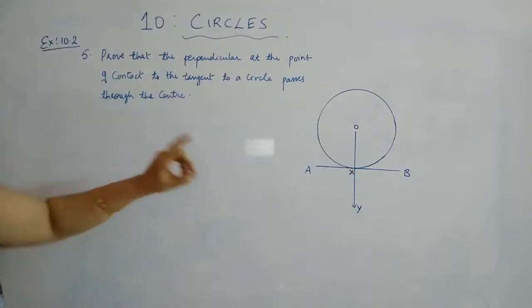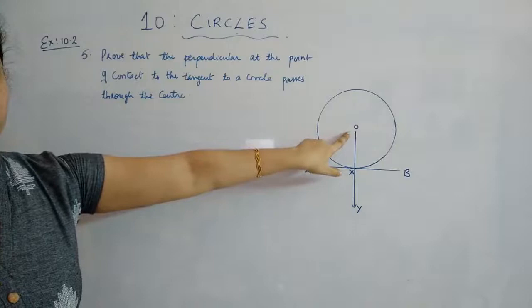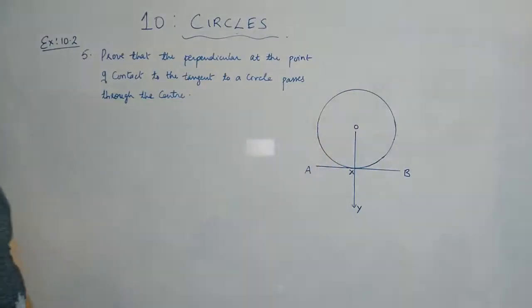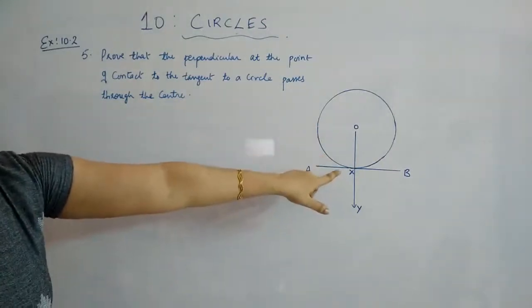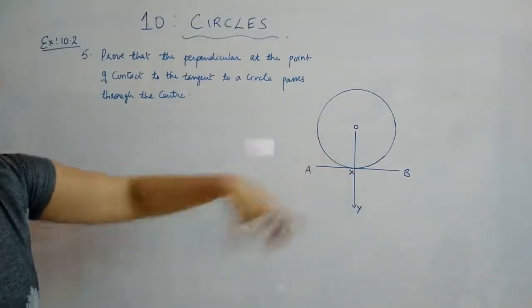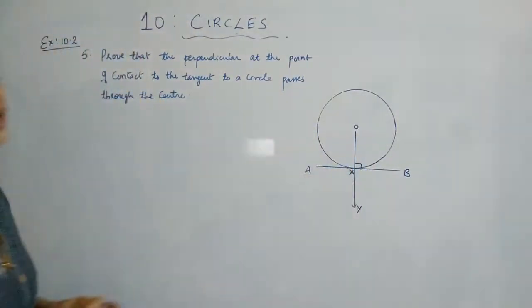And you have to prove that this line is passing through the center. You have to prove that this radius is passing through the center. For that, we know that the radius and the tangent are perpendicular to each other, or make an angle of 90 degrees with each other at the point of contact.